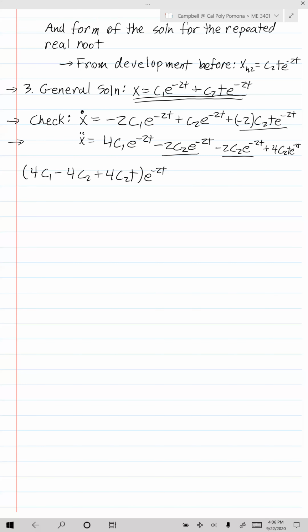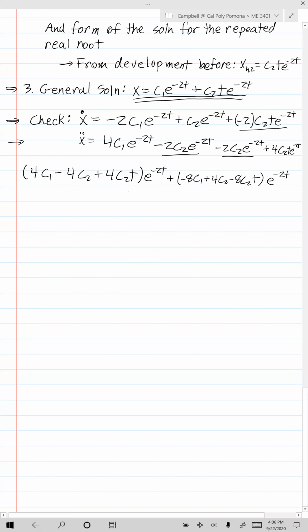For the first derivative, that was multiplied by a 4. So let's go ahead and just factor out that e to the negative 2t and multiply everything by 4. So we get plus negative 8 c1 plus 4 c2 minus 8 c2t, all that times e to the negative 2t, and then for x, we just multiply that by 4 as well.